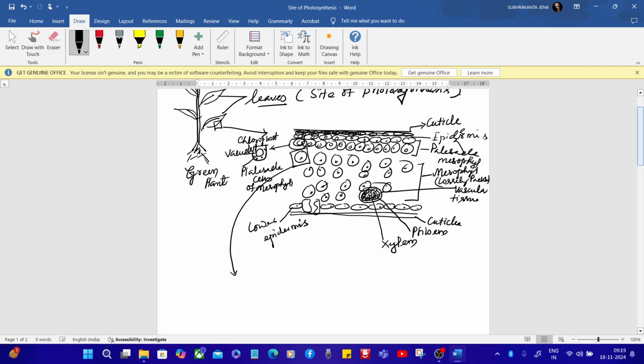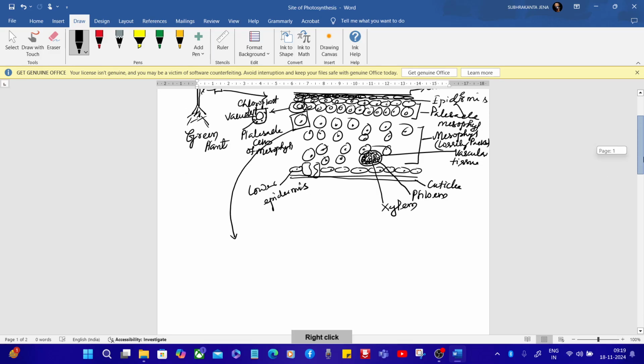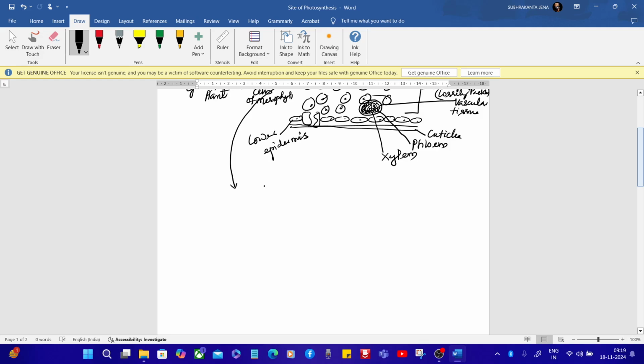again we will see by magnification what we will find. As it is a plant cell, it will be rectangular in shape.